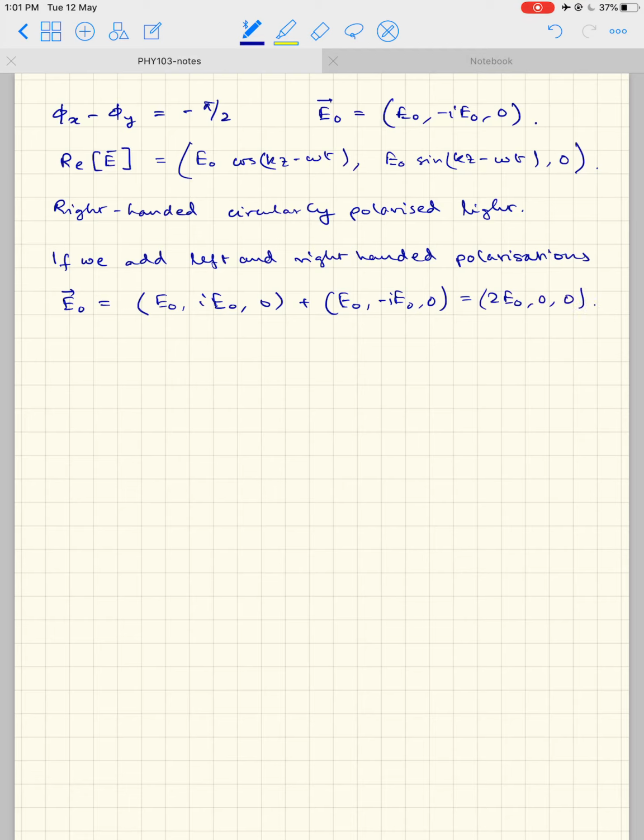So we get linearly polarized light in the x direction.